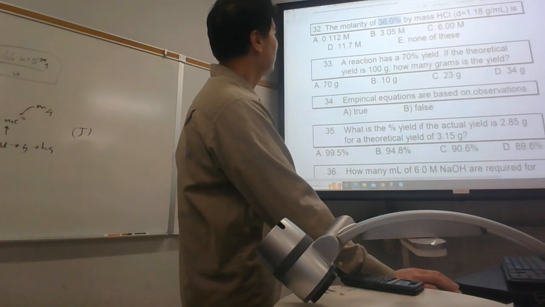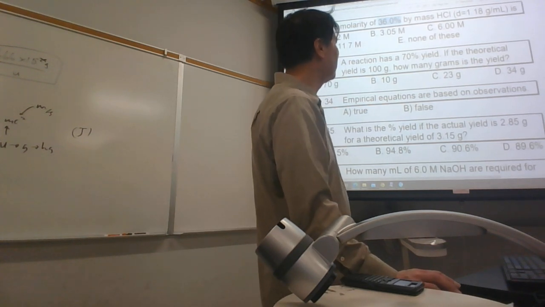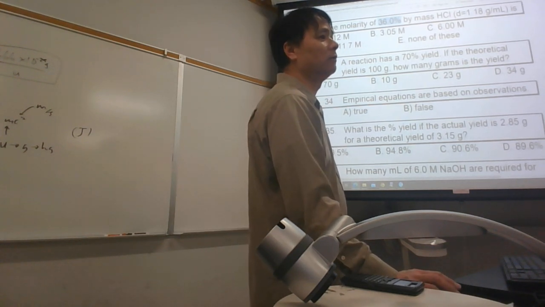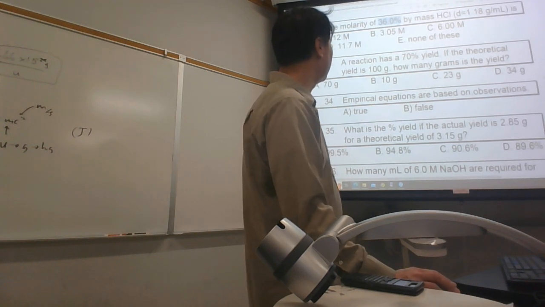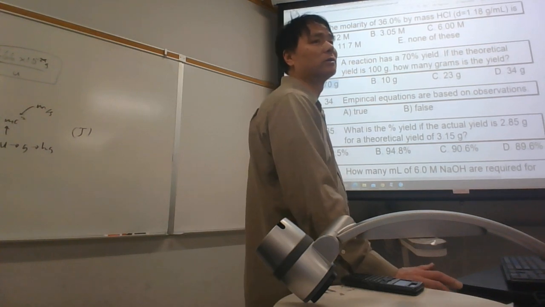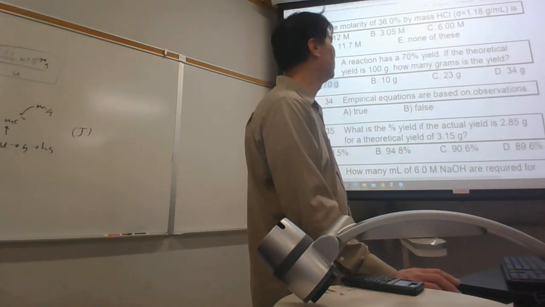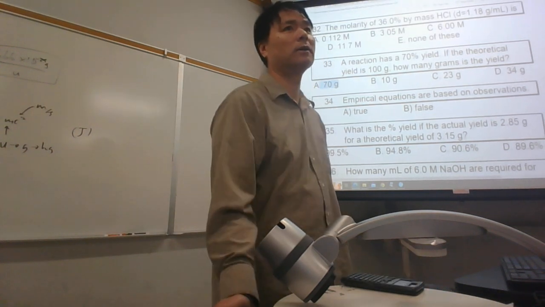So the theoretical yield is 100 grams, but what happens is you typically only get 70% of the theoretical yield. And so that means 30% is lost. And so in this case, the answer would be 70 grams. We lose 30% of it, and we have 70% of the theoretical. So A would be the answer.